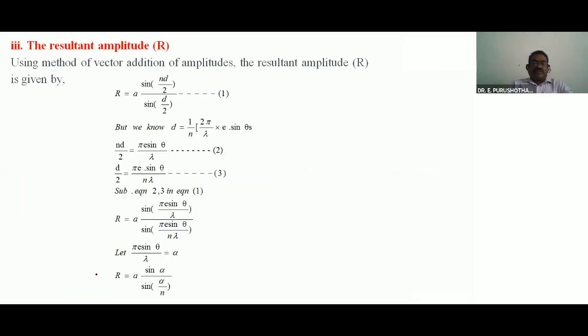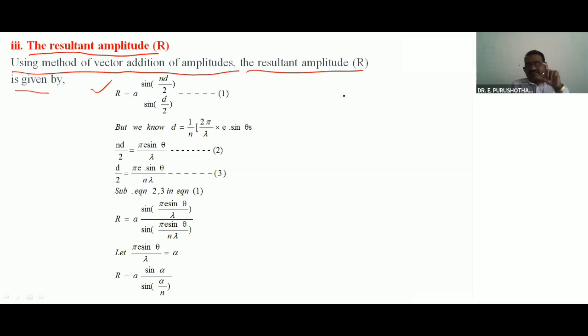So you see here, we should calculate the resultant amplitude capital R. Using the method of vector addition of amplitude, the resultant amplitude capital R is given by, this is the principle.